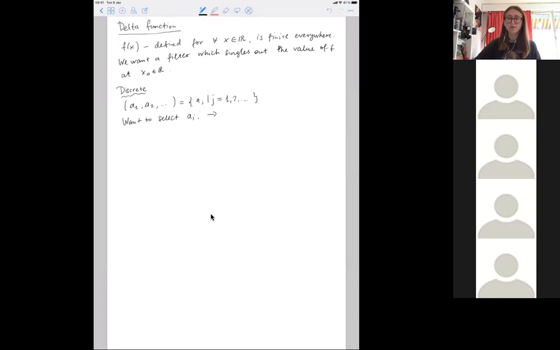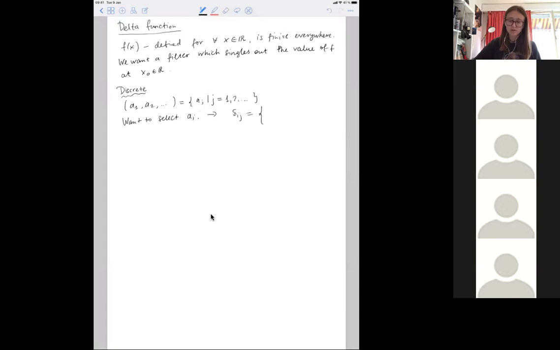The way we do it is that we apply a certain selector, which is called a Kronecker delta, and sum over all numbers applying this selector. So we use delta ij.